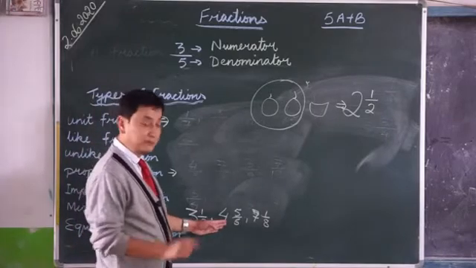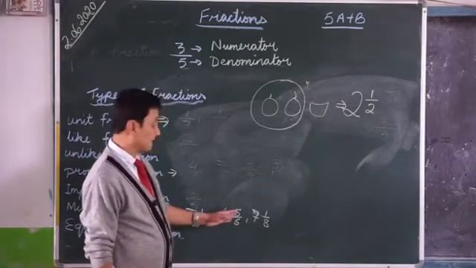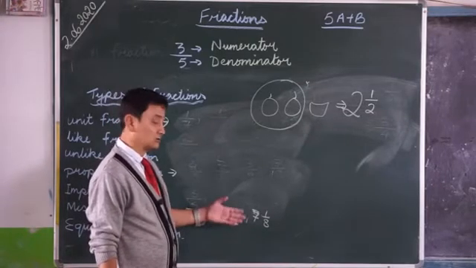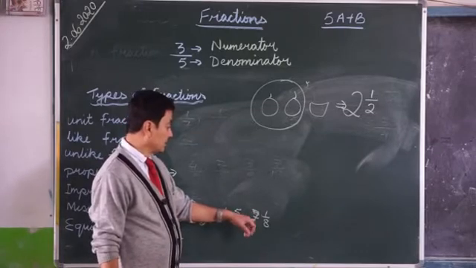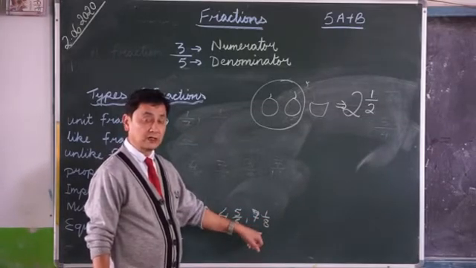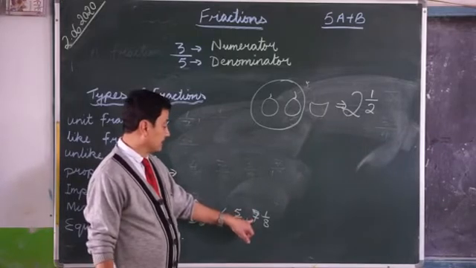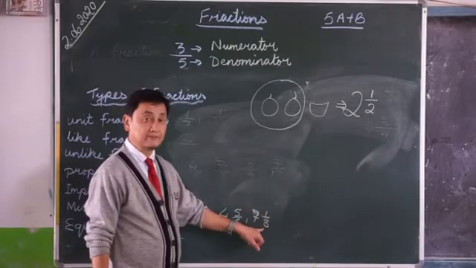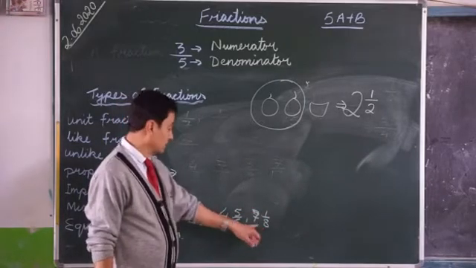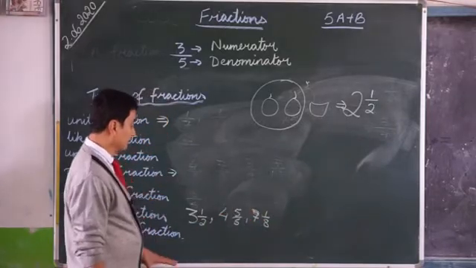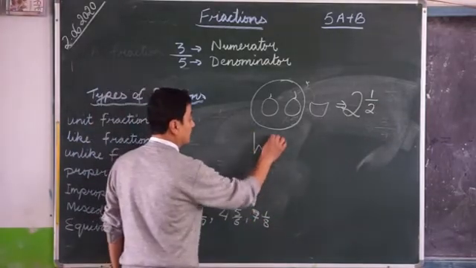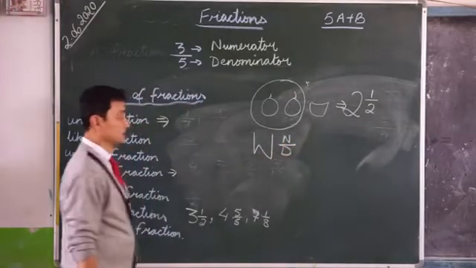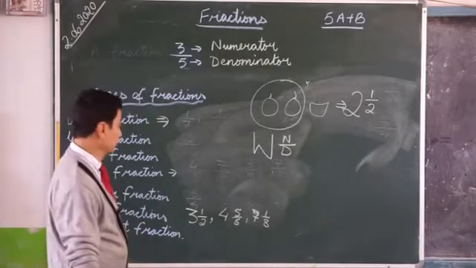You have 4 pieces of chocolate and you have eaten 5 upon 6. So 4, 5 upon 6 you have eaten. So 7, 1 upon 8. How much is left? 7 chocolates and 1 upon 8 part is left. So this is a mixed fraction. A mixed fraction has a whole number, a numerator and a denominator. Do you understand? Okay, very good.